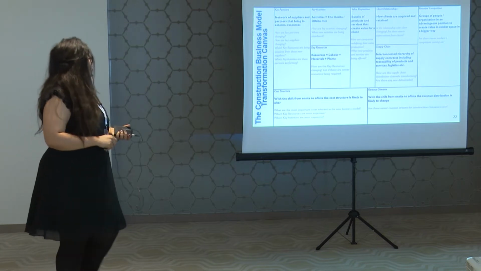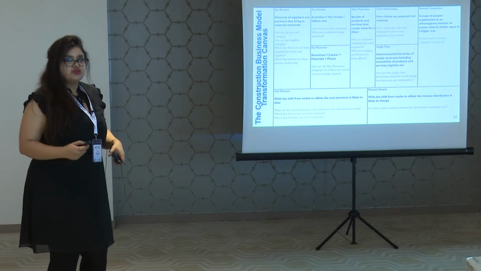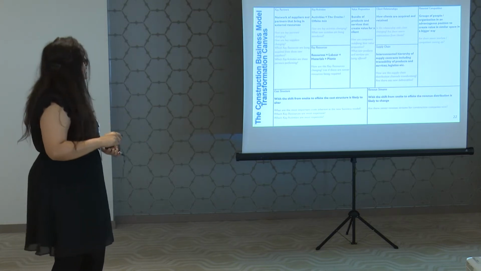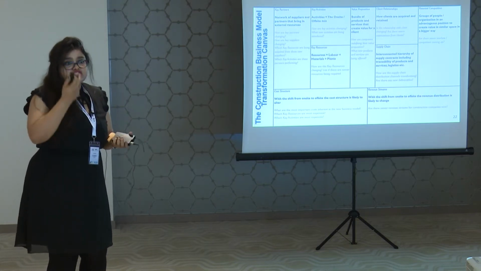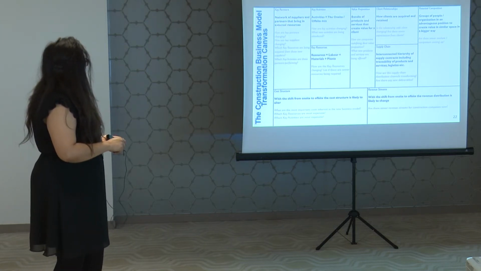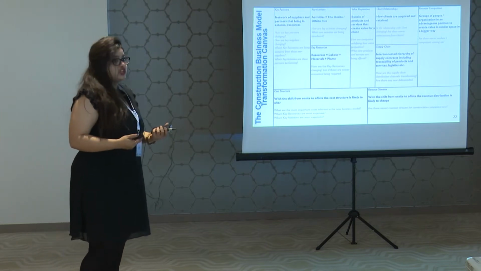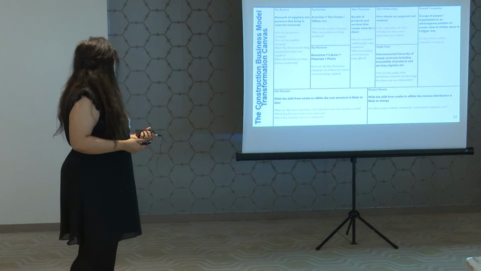If we can actually map an organization's transformation through Industry 4.0 in terms of these 9 blocks, we essentially will be able to do so. That's what we're trying to say. Firstly, looking at the key partners, we must understand how the partners are changing, how the suppliers and vendors are changing.